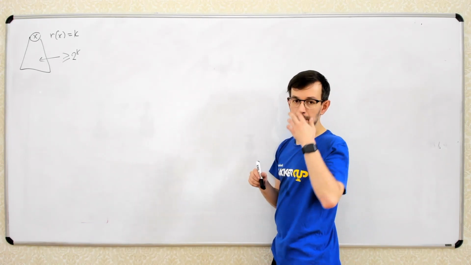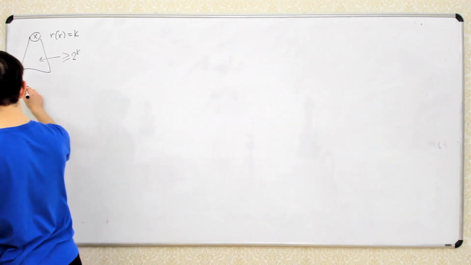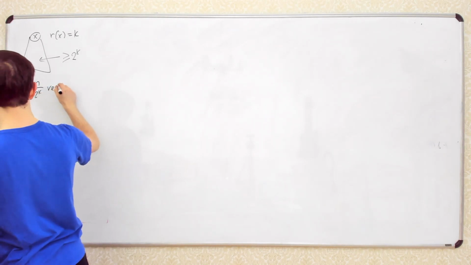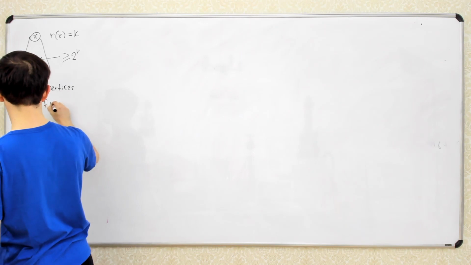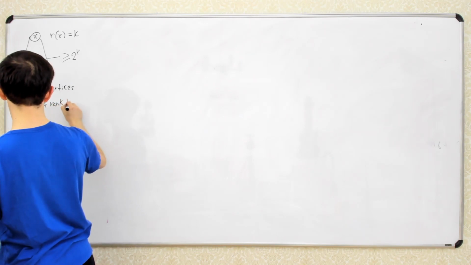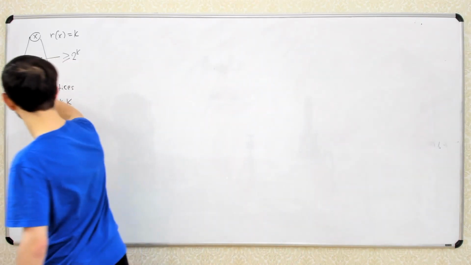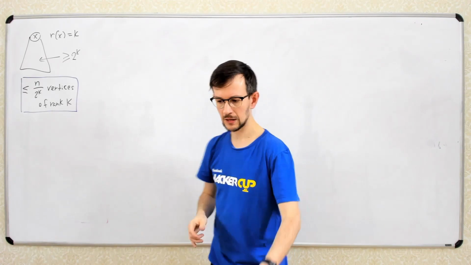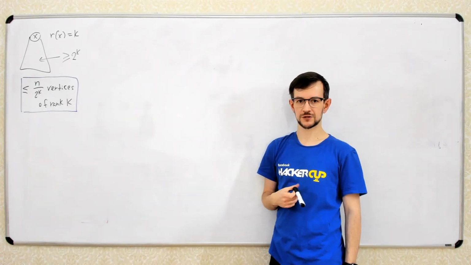And it means that in the tree there are no more than n over 2 to the power k vertices of rank k. That's the only property we need from the balanced tree.